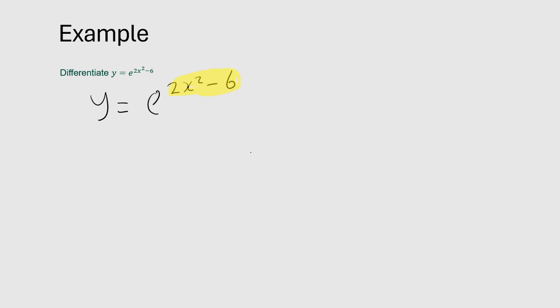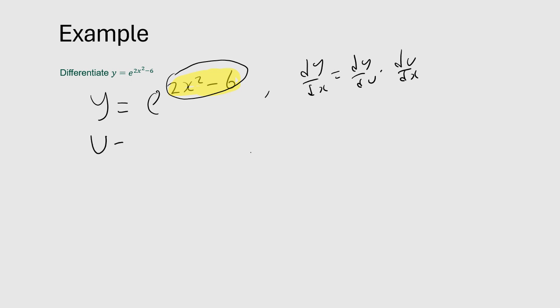For this case, we have to use the chain rule because we have a function here again. If we remember, the chain rule states that dy over dx is dy over du times du over dx. So you have to find u. Our u is always our inner function. So we take u as 2x squared minus 6.